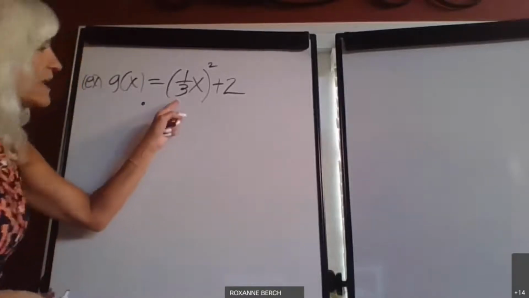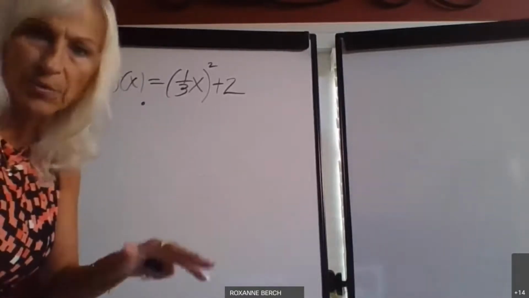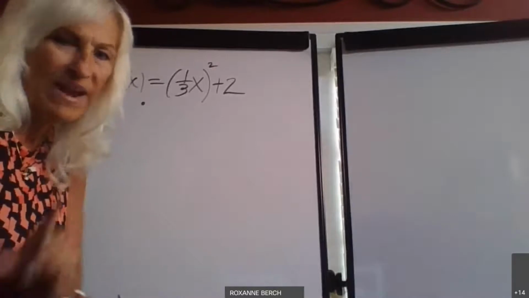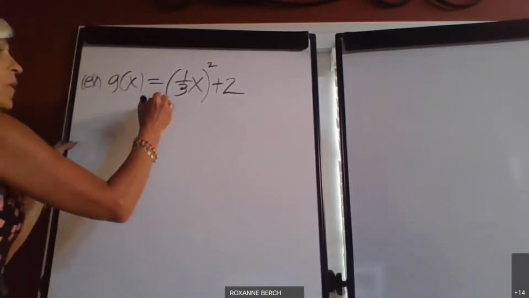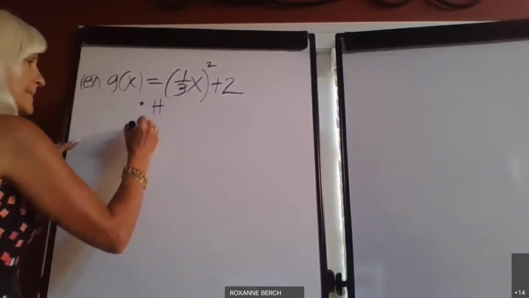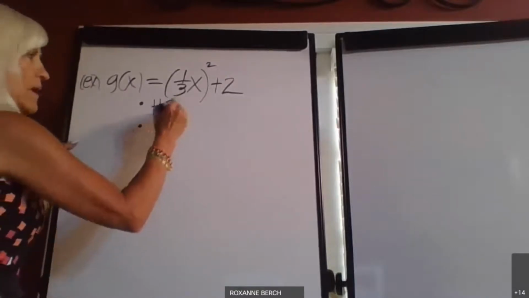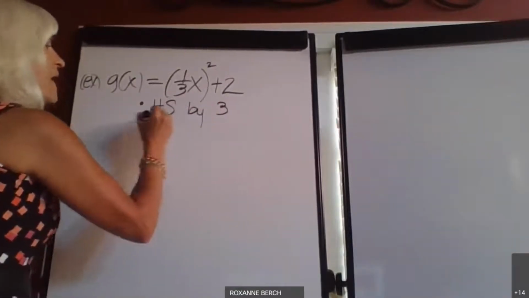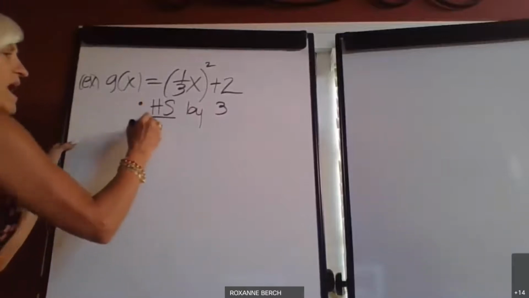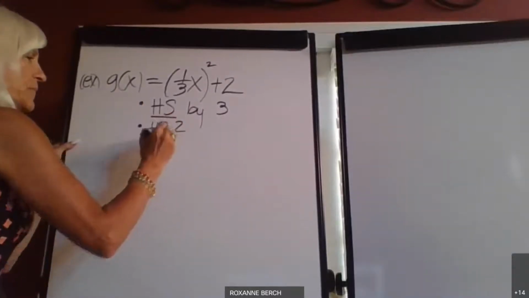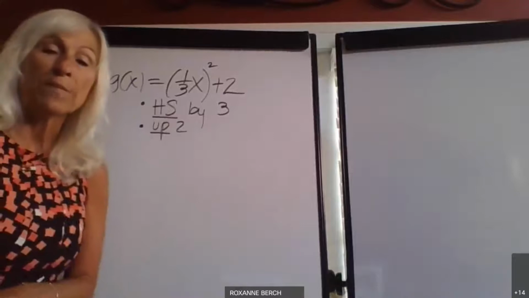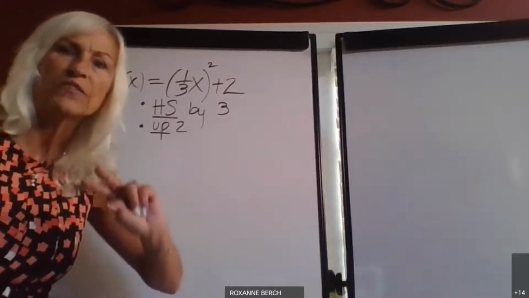See, it looks like a horizontal compression because it's a proper fraction, but it's not. It's a horizontal what? Stretch. Stretch by 3. And up 2. So you just have to remember when you have B, just take the reciprocal.